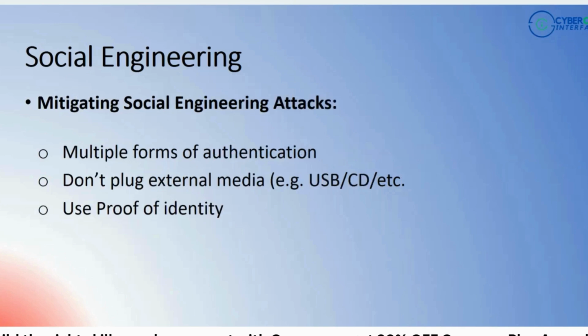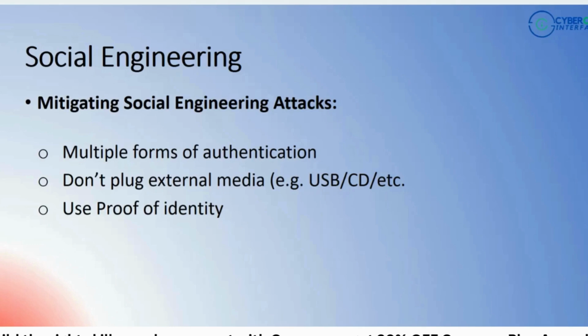Then how do you stop it? Usually they say use multiple forms of authentication. For example, if I pick up a phone and call you, pretending to be somebody you know, by the time you ask me several questions to verify my identity, I find out information. And maybe I was able to guess your password from conversation, maybe from your name or your birthday. But if you use multiple authentication, I need more than a password.